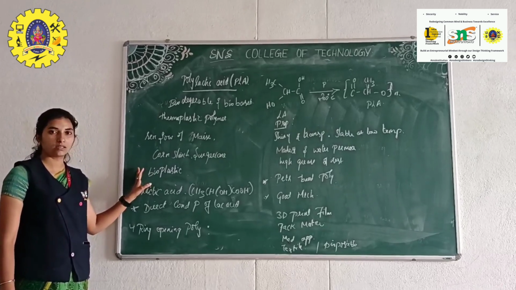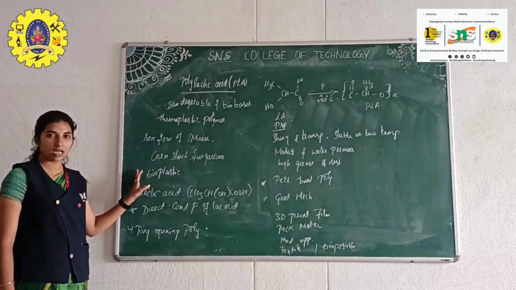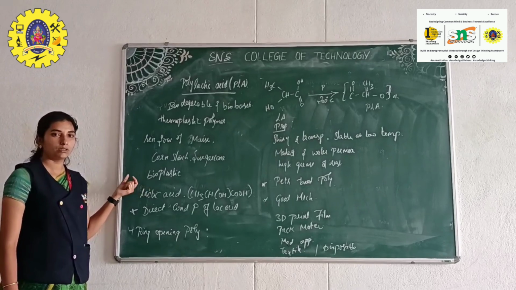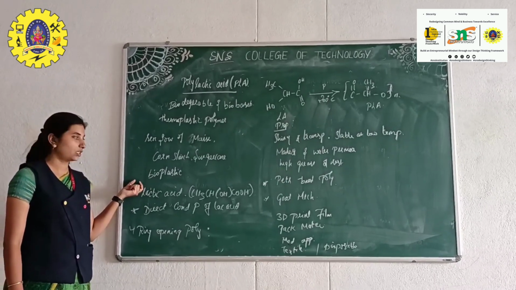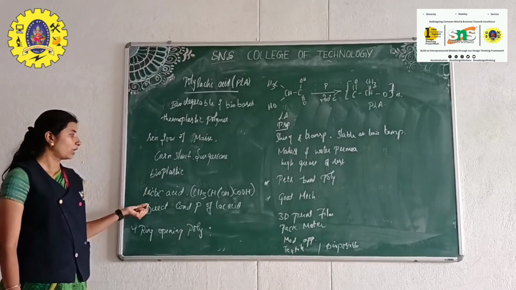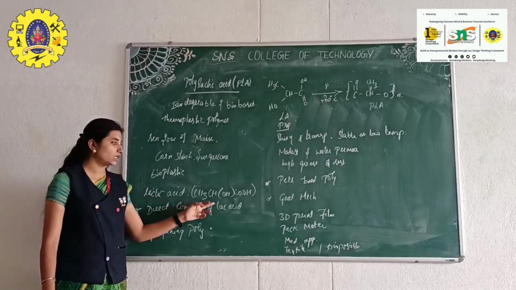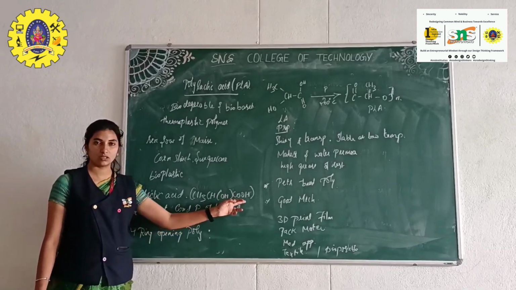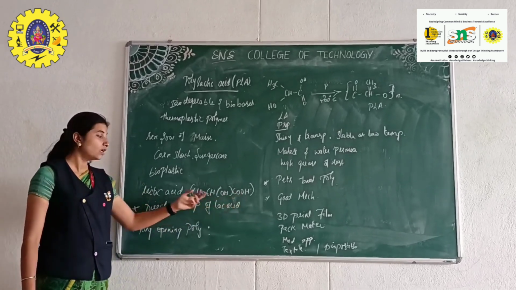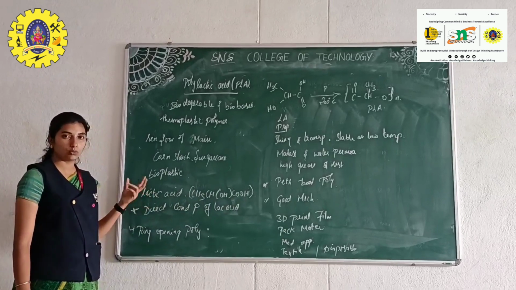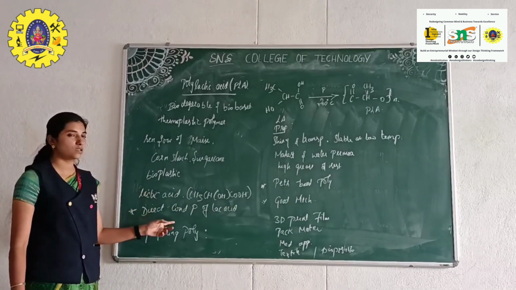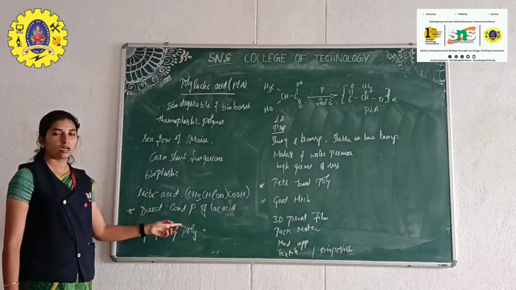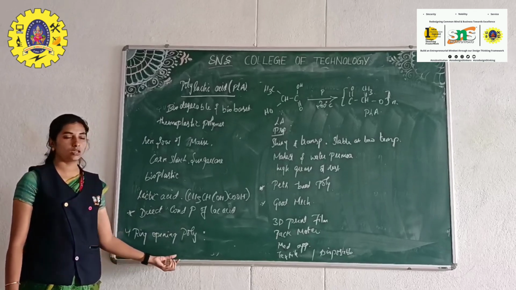This bioplastic polymer is called polylactic acid. Lactic acid has the formula CH3CHOHCOOH, and polylactic acid is prepared by two methods: direct condensation polymerization and ring opening polycondensation.